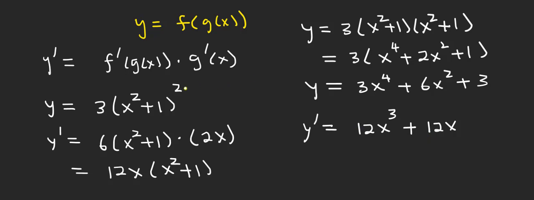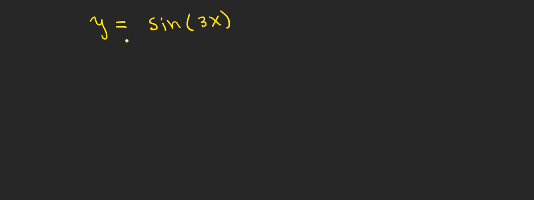But chain rule is powerful because you cannot multiply out the factors all the time. And this is what I mean. Now let's say you have y equals sine of 3x. How do you find the derivative of this? Well, the derivative of the whole thing right here will be cosine of 3x.